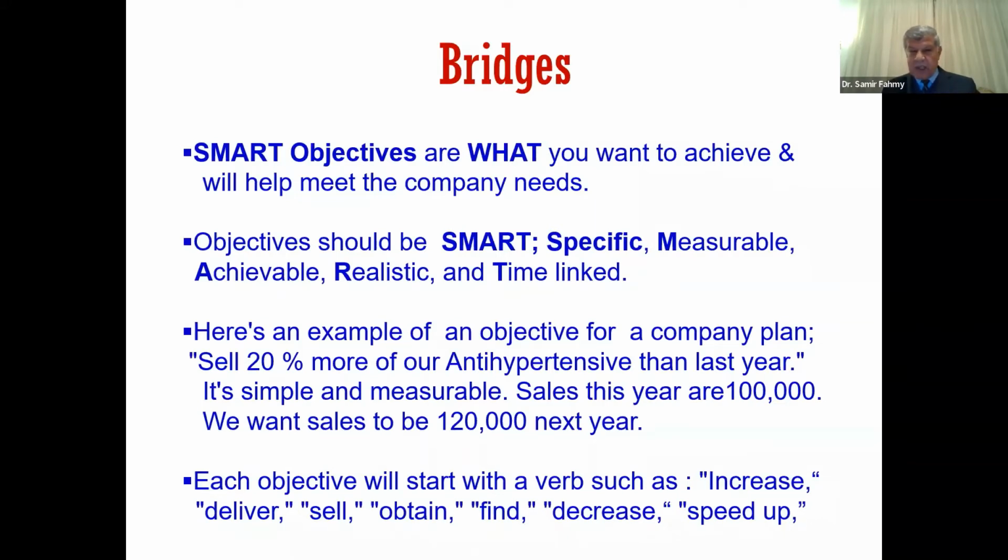So specific here is antihypertensive, and measurable here is 20% more than last time. It's simple and measurable. For instance, if sales this year are 100,000 units, we want sales to be 120,000 next year.